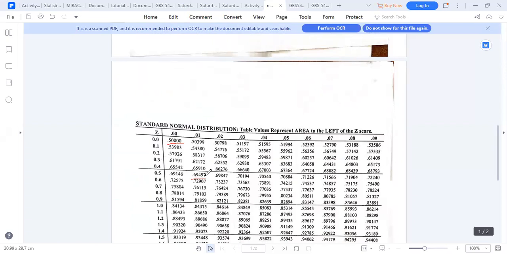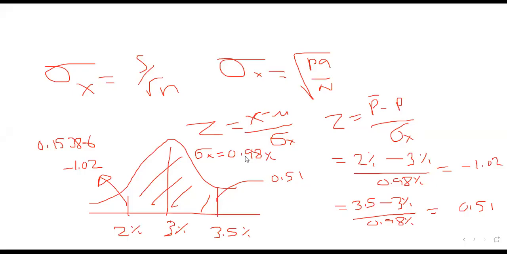This is 0.1950. Then you find the difference between the bigger and the smaller percentage.